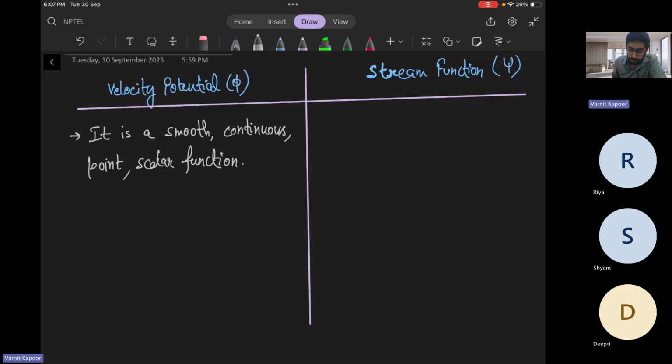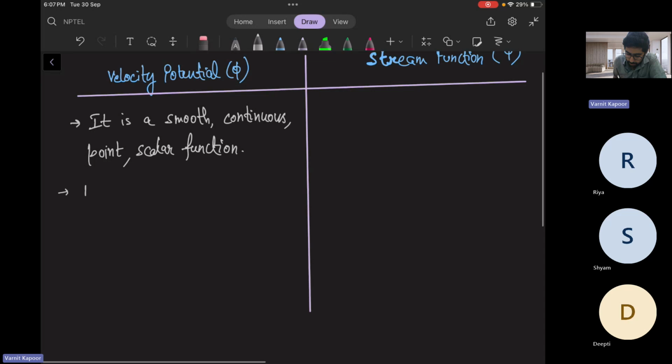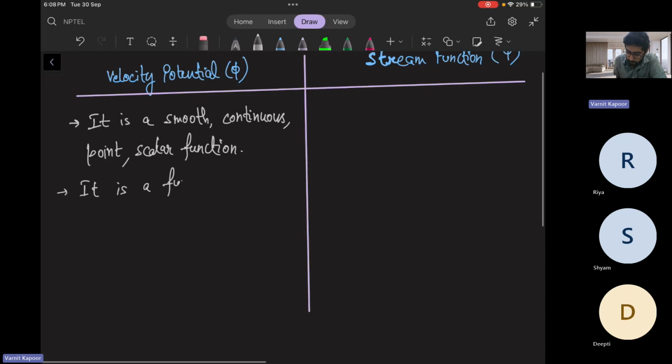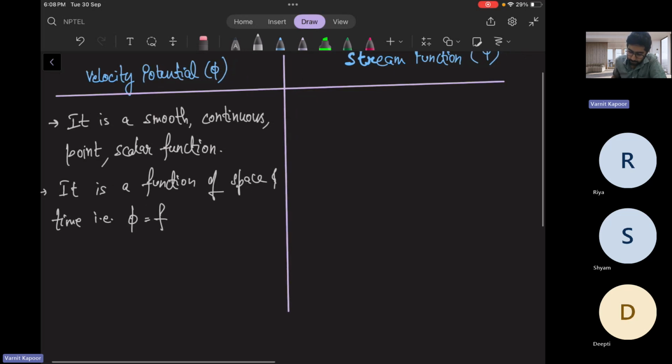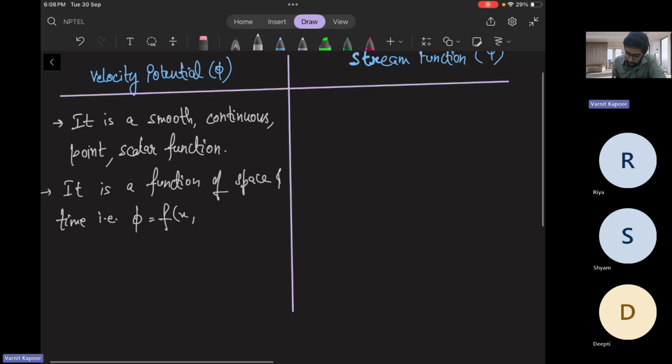Another point: it is a function of space and time. That is, your phi is a function of x, y, z as well as time.